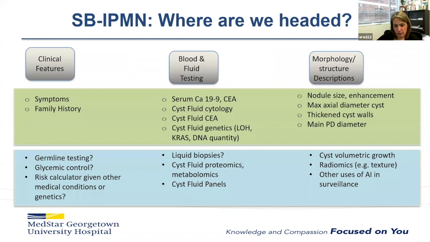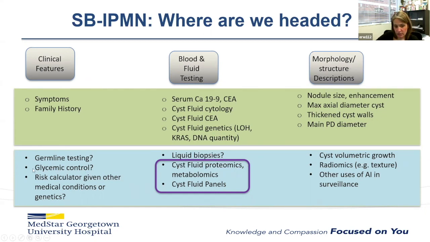I'm not going to review this again this week, but I just want to make sure you understand that I think this area is rapidly evolving. Right now, we're really stuck on clinical features and morphology, size of the cyst, nodularity, and some blood and fluid testing. Some cyst fluid genetics are being used, but I think we're really going to move towards cyst fluid testing that's much more advanced, with panels of tests, kind of like liquid biopsies, and perhaps even liquid serum biopsies eventually as well.